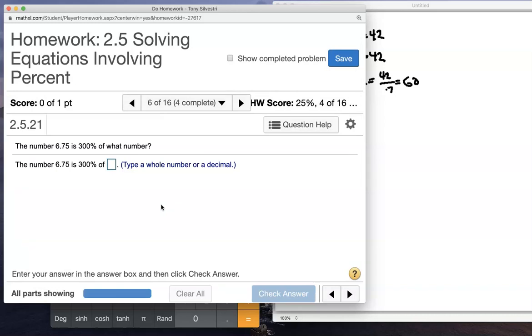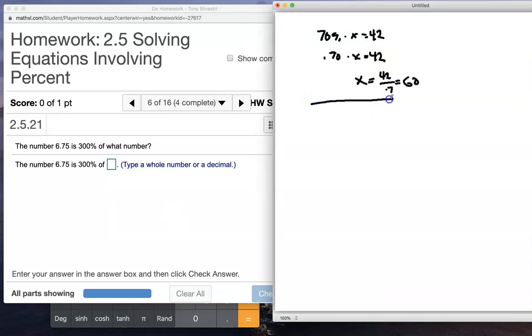The number 6.75 is 300% of x. Here's what you're going to do. Literally just take those things. The number 6.75, and these words are almost like a distraction. They're not really necessary. The number 6.75, well, of course 6.75 is a number. 6.75 is 300% of x.